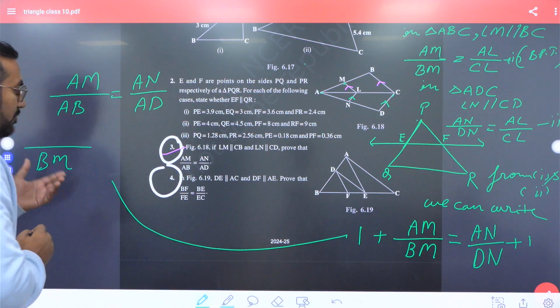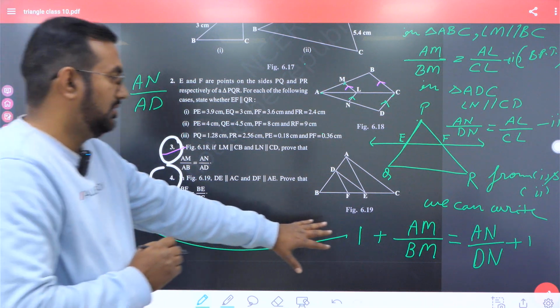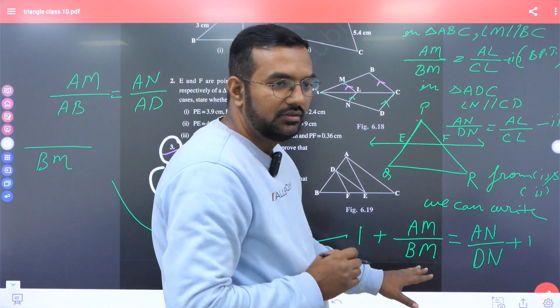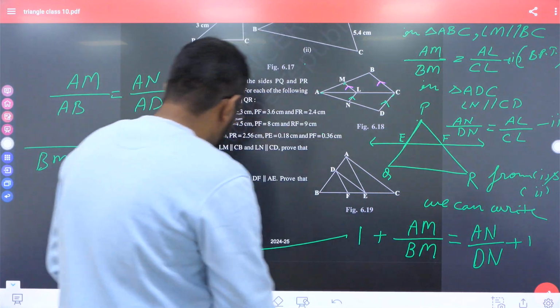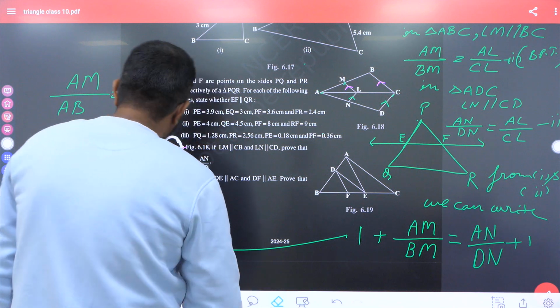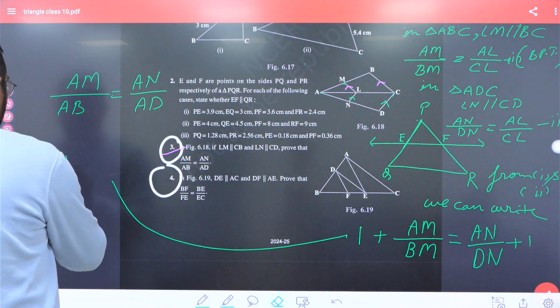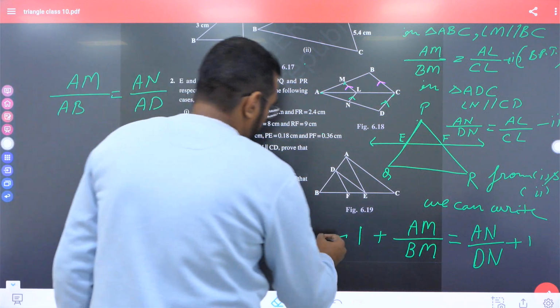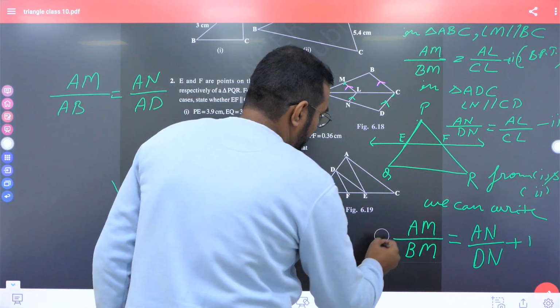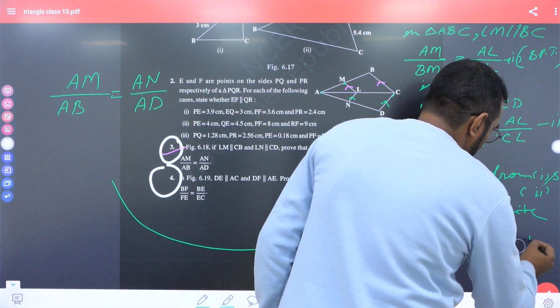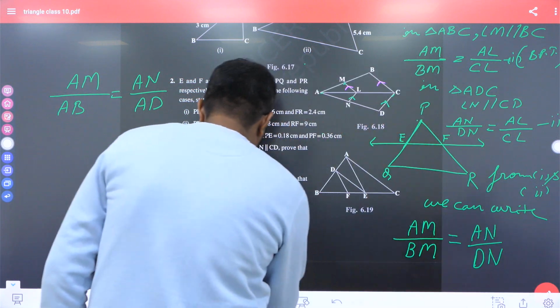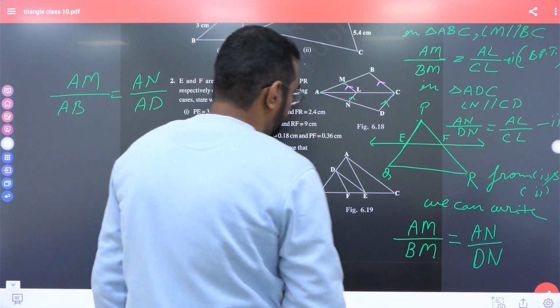So first we have to reciprocate it, then we have to add 1. Then you will get the AM upon BM. So beta, first reciprocate it, then add 1, then you will get that.